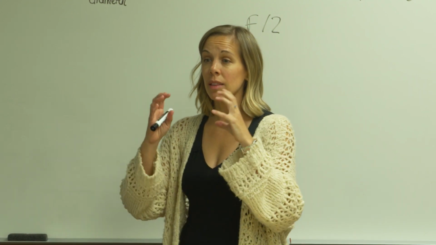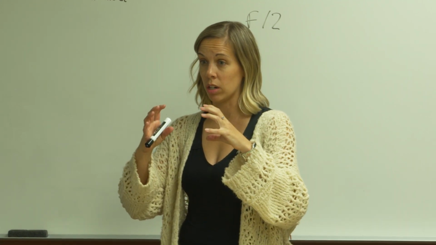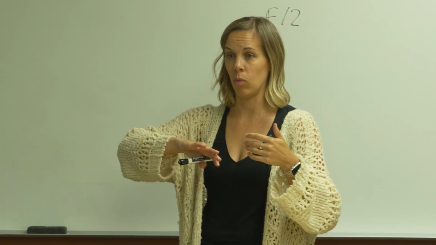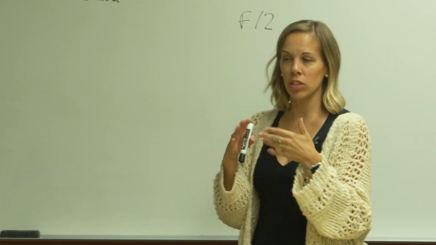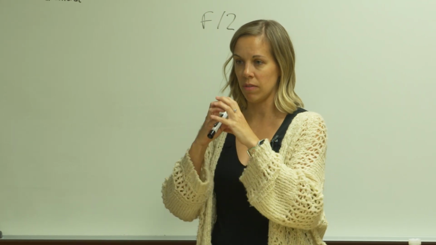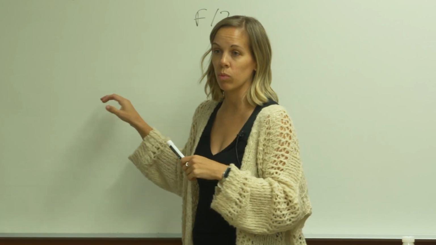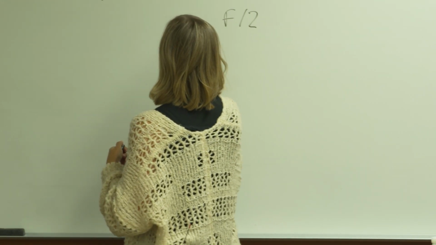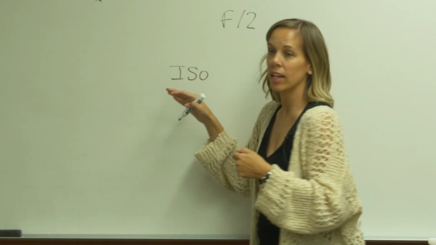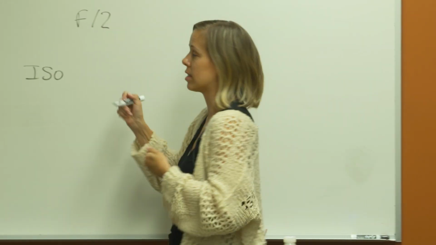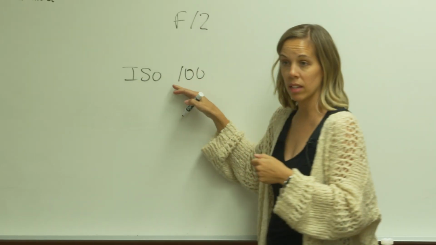I want to leave that shutter open longer so that I can get that nice blur on the water. So what I would have to do is use a really low ISO like 100, because that is going to make my camera much less sensitive to light.